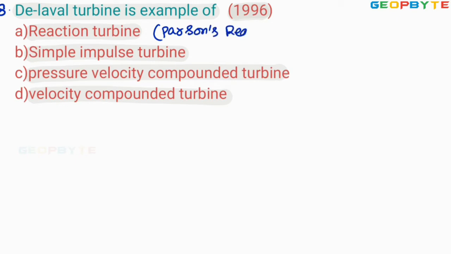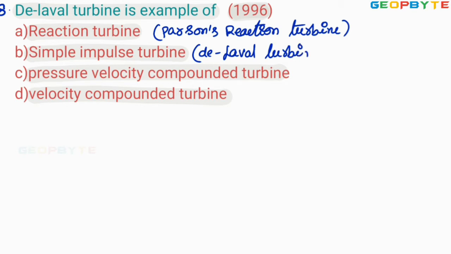Parsons reaction turbine is the example for reaction turbine. The simple impulse turbine is the De Laval turbine.